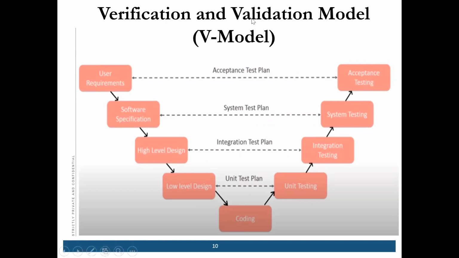It's not executed. You are just creating the test cases, not executing them. As soon as you get the requirements, you start writing. The execution will start after coding only. The arrow is like this, but writing of test cases starts as soon as you get the requirement. Okay, thank you.